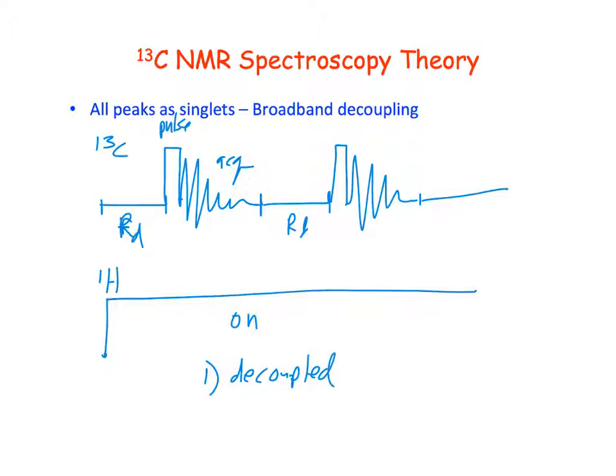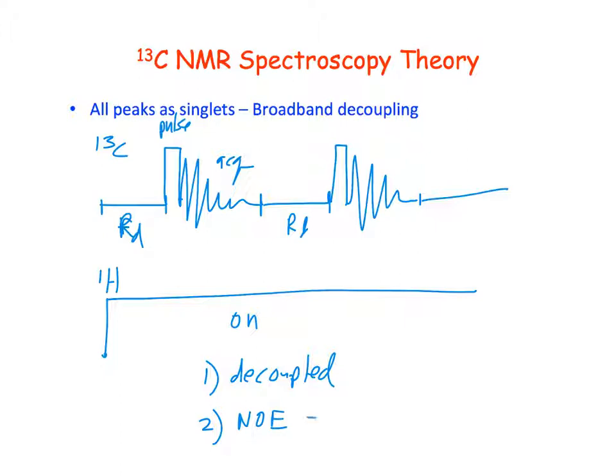That's the main thing, but there are some side effects that result from this as well. Another thing is that there is some nuclear Overhauser effect going on. When we irradiate the protons, some of the energy we put into the protons gets transferred to the carbons, and it enhances the carbon signal, just like when we saw the proton-proton NOE.